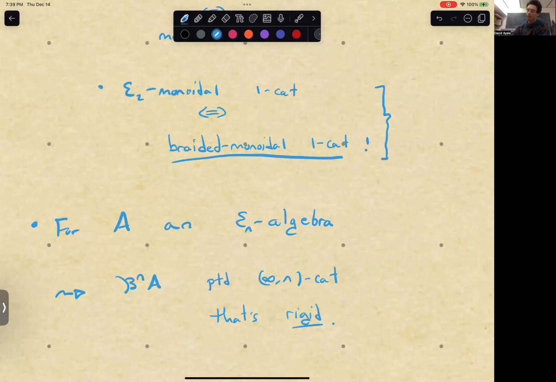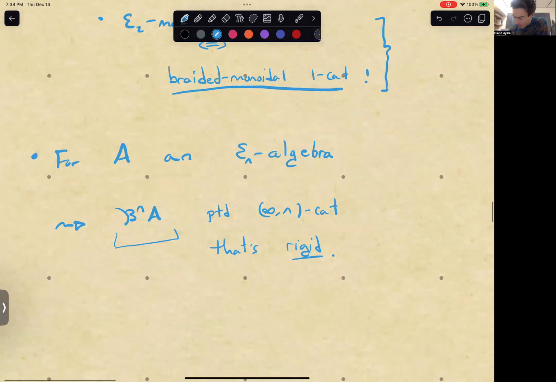So if an EN algebra is a familiar thing, then that's great because you automatically have a large supply of examples of pointed n categories, namely those that arise from their n-fold D loop.